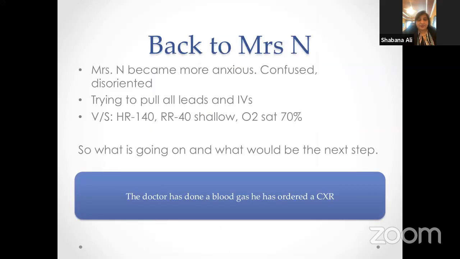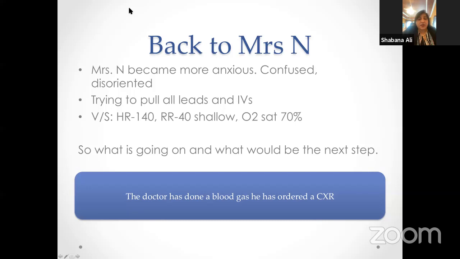Next slide, please. All right, so we are back to Mrs. N now. So the next day when you came, she was on CPAP. We saw that, we left her, you gave the report to your nurse. Now when you came back in the morning or evening shift, you saw that Mrs. N is getting more and more anxious. She's more and more confused, disoriented again, and she's trying to pull all the leads, the masks, the IVs and everything. Her heart rate has increased to 140, and the respiratory rate has increased further.